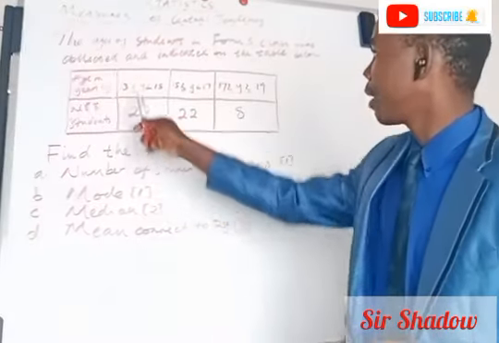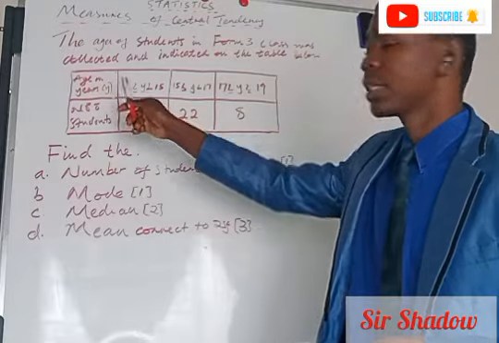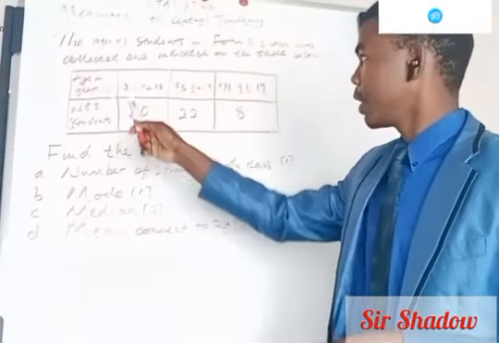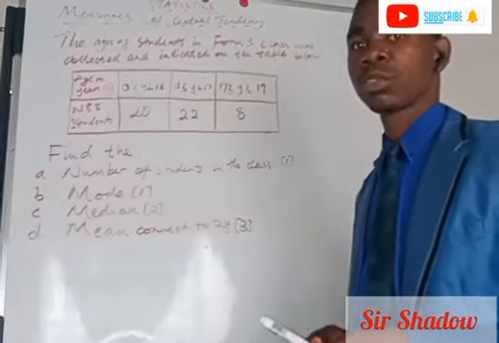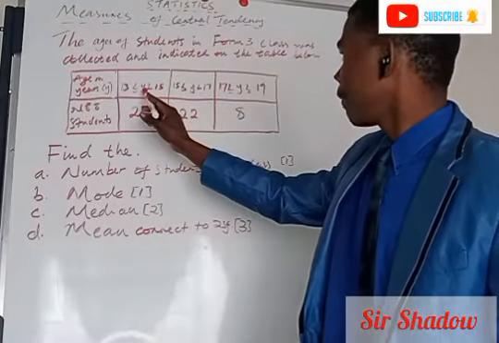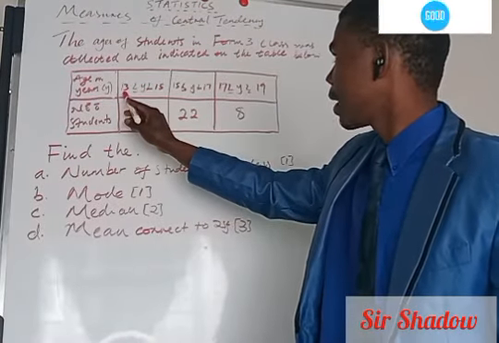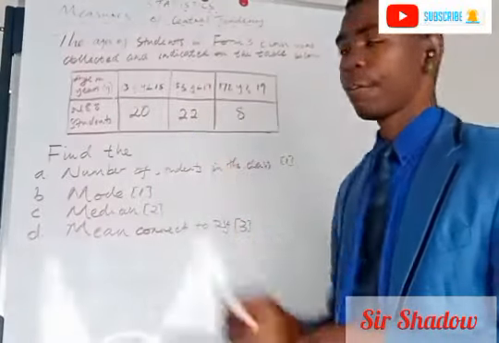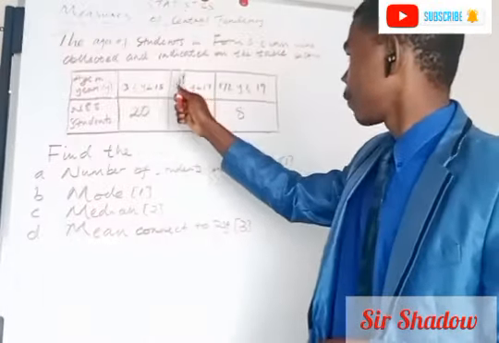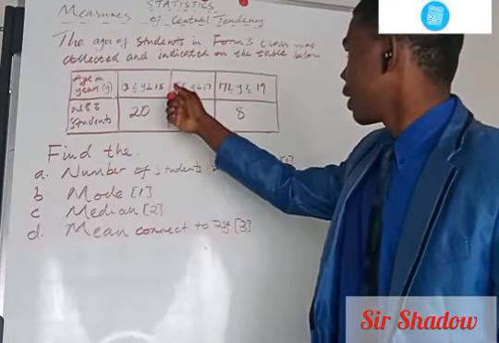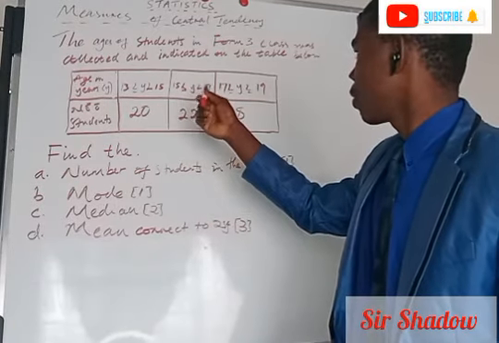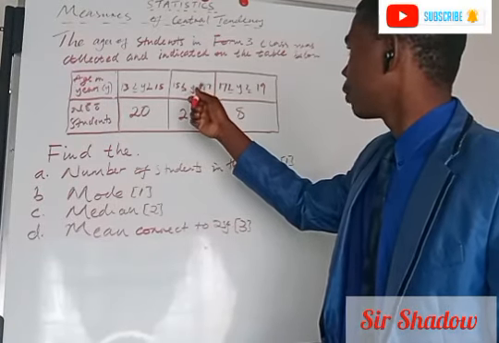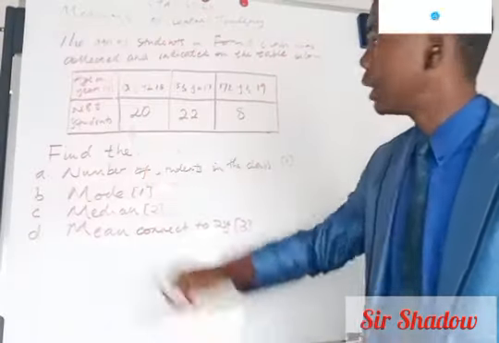13 to 15. Remember, 13 is inclusive, it's included in the set of data, then 15 is exclusive. Why? Here we have 13 is less than or equal to y, where y is less than 15, which means 13 is inclusive, then 15 is exclusive. For this one, we have number of students 20. Then 15 is less than or equal to y, where y is less than 17.